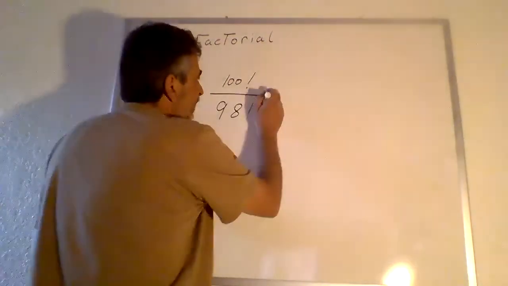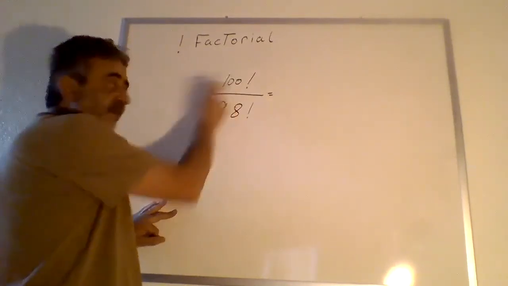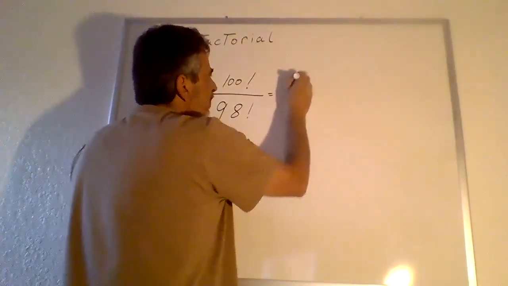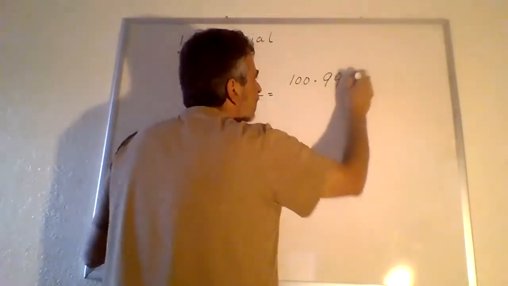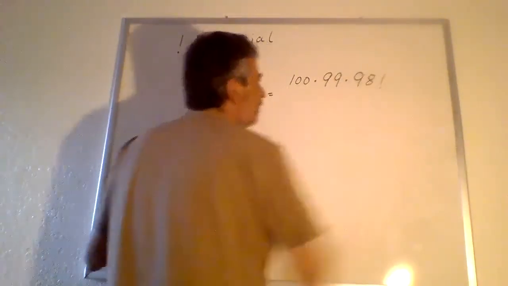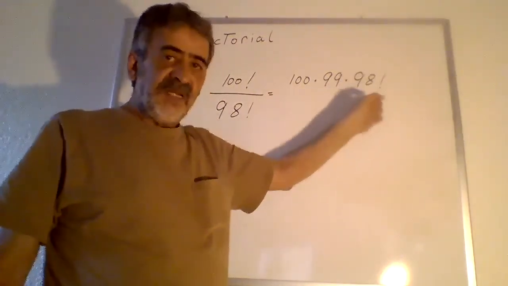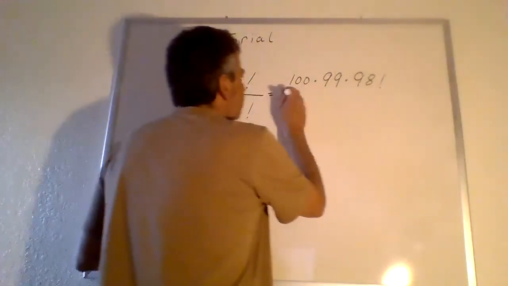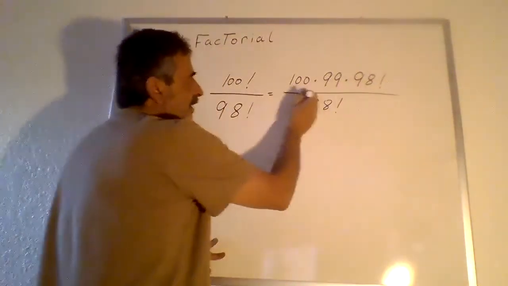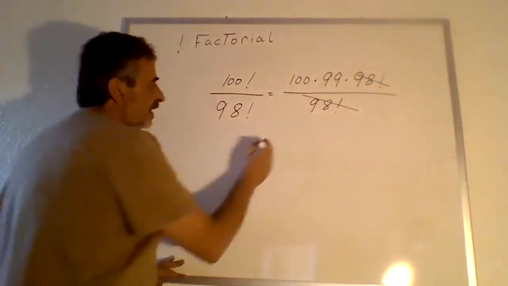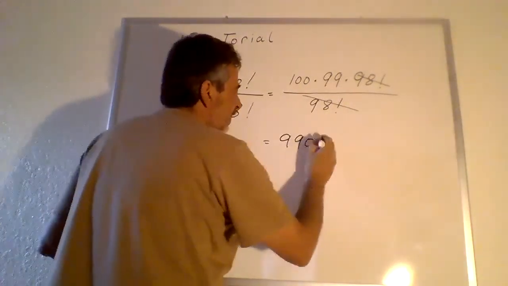I can also write it as, since I needed 98 factorial and 98 is less than 100, 100 times 99 times 98 factorial. Notice I stopped at 98, then that number is going to be factorial divided by 98 factorial. So now we can go ahead and simplify these two numbers, and that's going to give me 100 times 99, which is 9900.